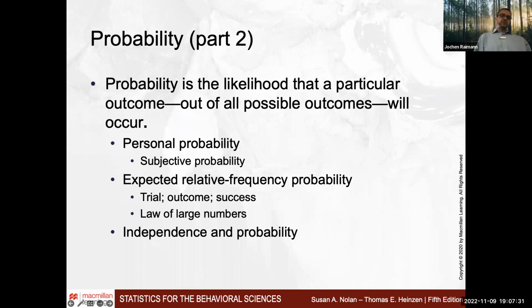This one is important: expected relative frequency probability. You have trial, outcome, and success. If I draw from a population where the prevalence or the proportion of diabetics is 10%, so let's say New York City, 10% of all New Yorkers are diabetic. If I draw one individual randomly, selected from the telephone book, I have a 10% probability I'm going to pick a diabetic.